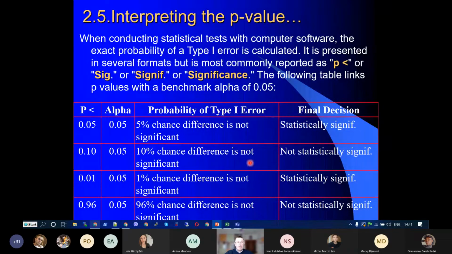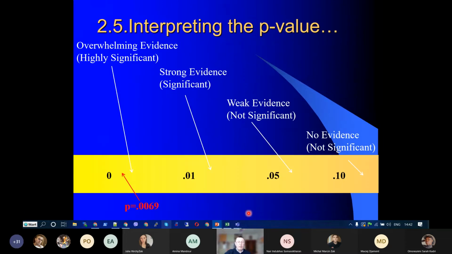That's a very bad situation in reality. Okay, about significance I already spoke, so we use 5% as the largest level, depending on what we have in our significance result. If it's less than or equal to 5%, our result is statistically significant. If it exceeds that, our result is not statistically significant, and we have a chance of error. For example, if you talk about 10% error, 96% error, 40% error, that's a very bad situation.